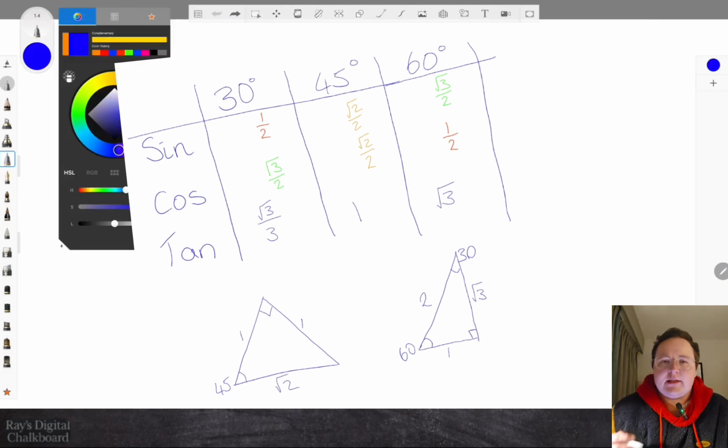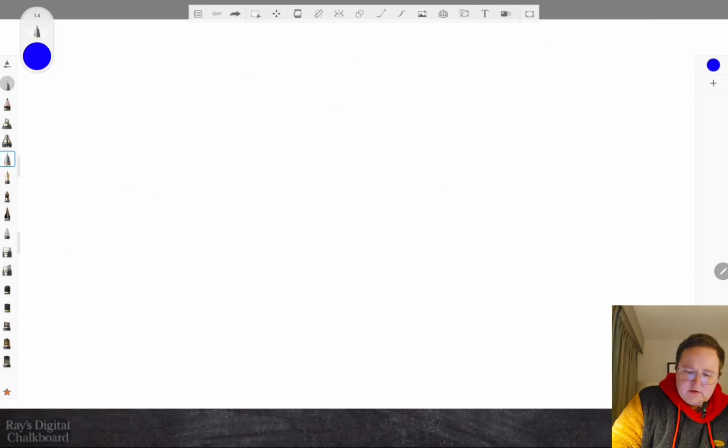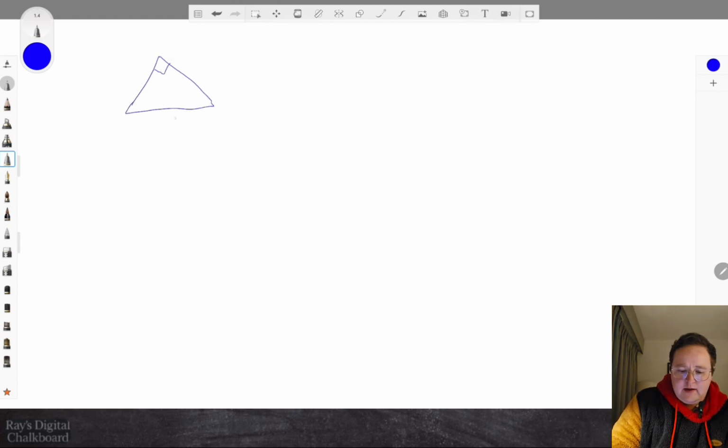So for the first one, let's have a look at 45 degrees. We'll start by drawing a right angle triangle where the hypotenuse is at the bottom. I'm going to say this is an isosceles triangle as well, which means that both of these angles are equal and both of these sides are also equal.